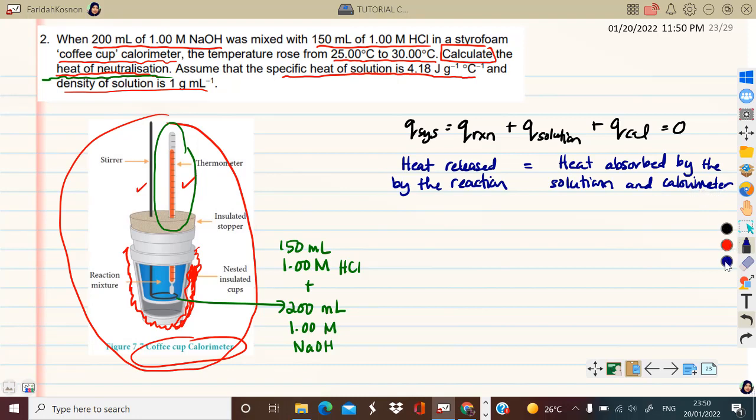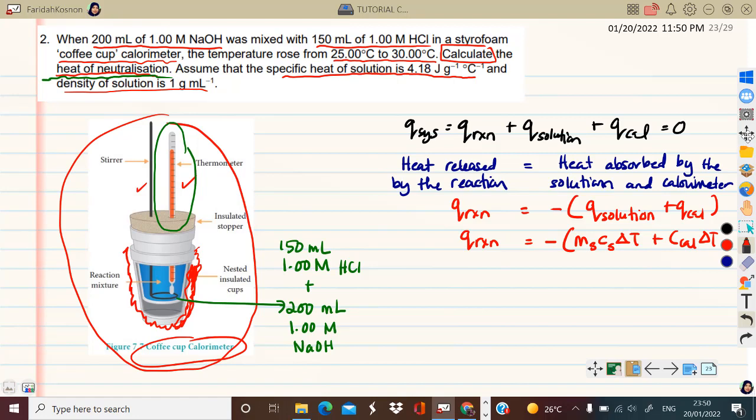Jadi kalau saya tukar dalam bentuk formulanya apa kat sini? Q reaction equals negative, tutup kurungan ni, ada kurungan Q solution, heat absorbed by the solution plus heat absorbed by the calorimeter. So maksudnya kalau macam tu, macam mana saya nak kira heat absorbed by the solution? It is equal to mass of the solution, specific heat capacity of the solution times delta T plus heat capacity of calorimeter times delta T. Macam biasalah.